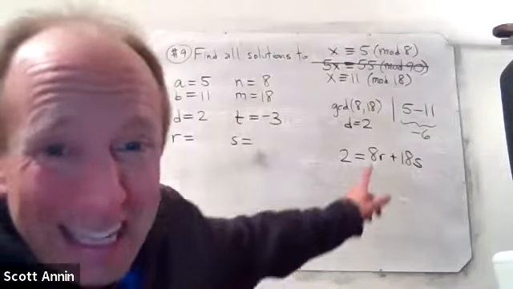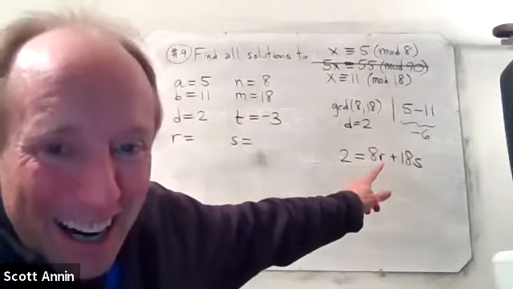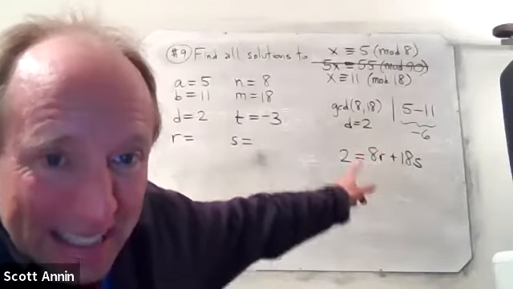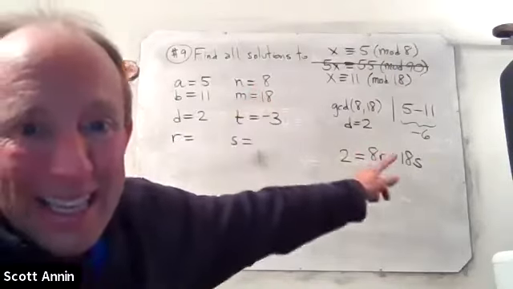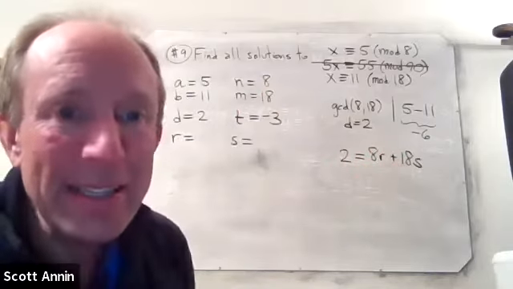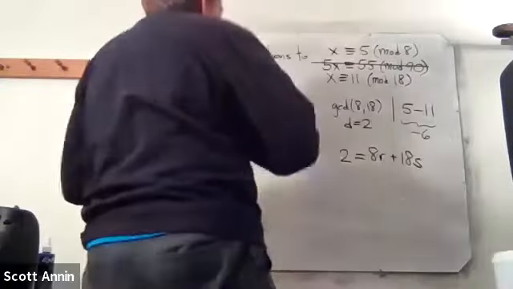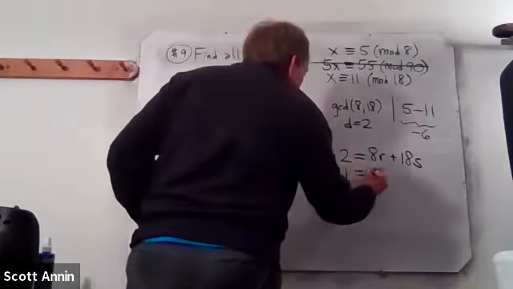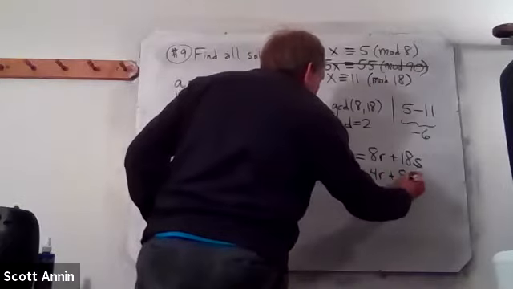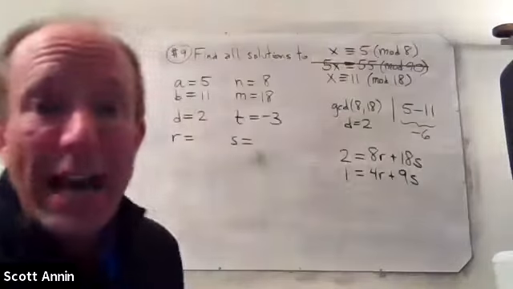Make sure you put the R and the S with the correct number, right? The R goes with N, N was 8. And the S goes with M, which was 18 in this example, okay? You can obviously take this thing and divide it through by 2 all the way across. That's perfectly fine. No reason not to do that.